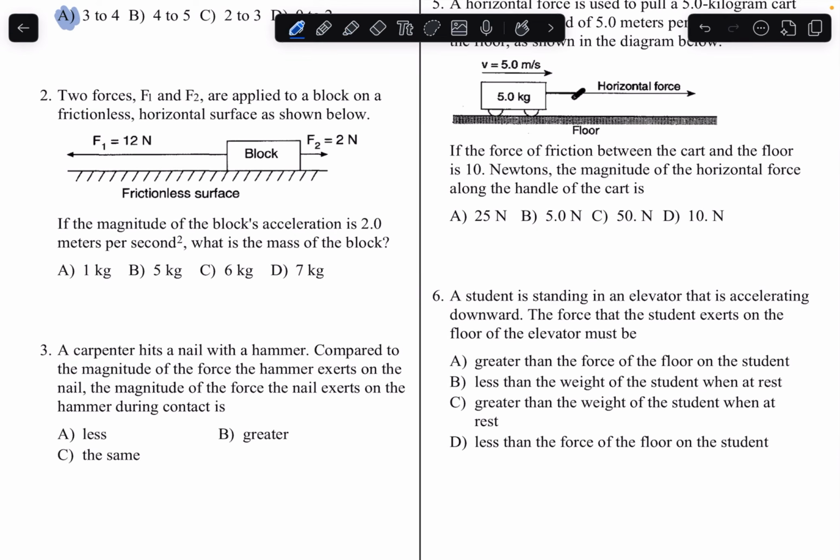Number 2. Two forces, F1 and F2, are applied to a block on a frictionless horizontal surface as shown below. If the magnitude of the block's acceleration is 2 meters per second squared, what is the mass of the block? So on this free body diagram, it tells us that there is a force of 12 newtons moving to the left and a force of 2 newtons moving right.